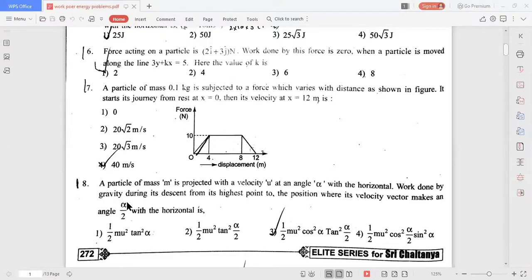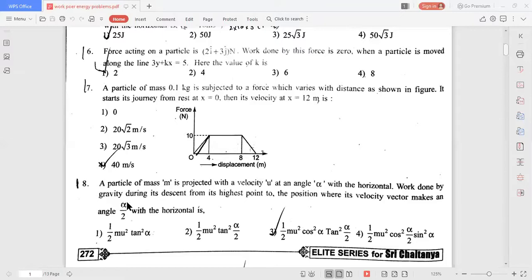Now, all of you see the 8th problem. A particle of mass m is projected with a velocity u at an angle of alpha with horizontal. So one particle is projected with a velocity u at an angle of projection alpha.